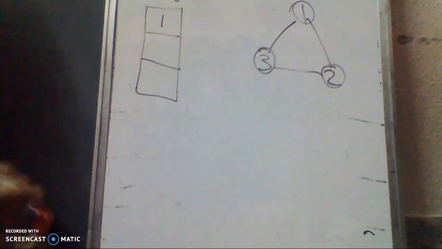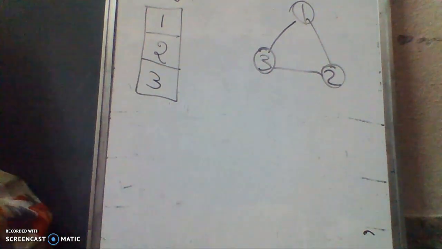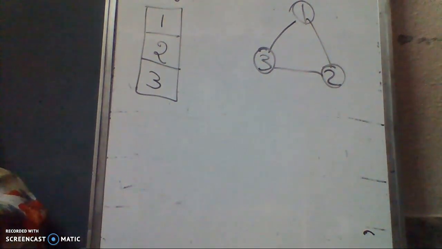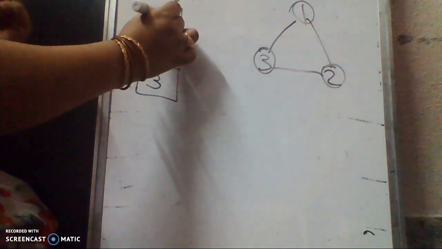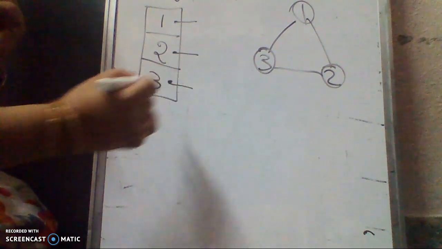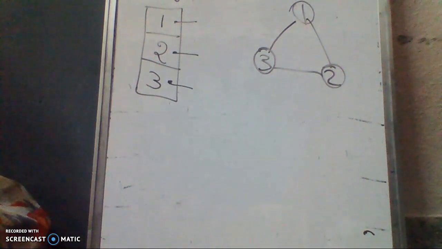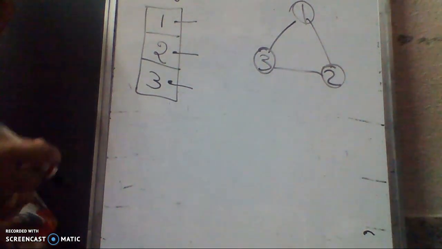This is for the first vertex, this is for the second vertex, this is for the third vertex. One vertex has one linked list, two vertex has one linked list, and three vertex has one linked list.